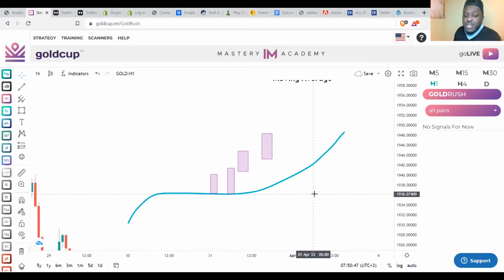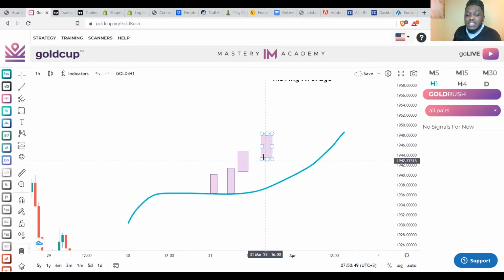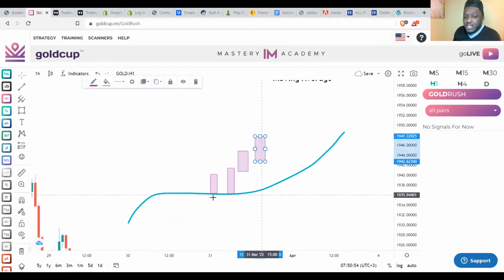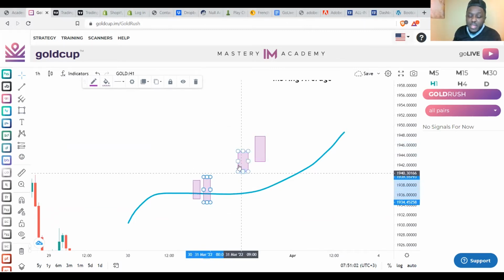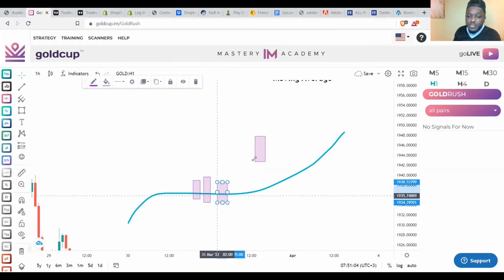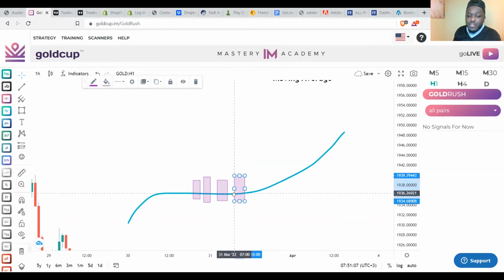The other thing about moving averages, they'll also help us identify when the market is in consolidation. What do I mean by that? If these candlesticks are all laying on the same area of the market, then you can tell.